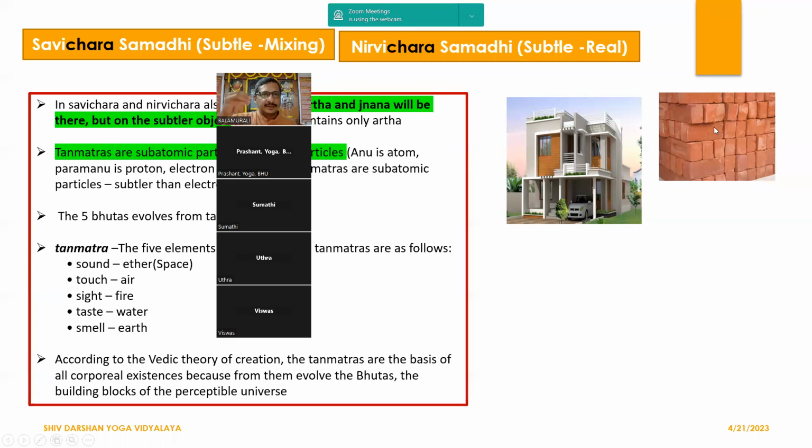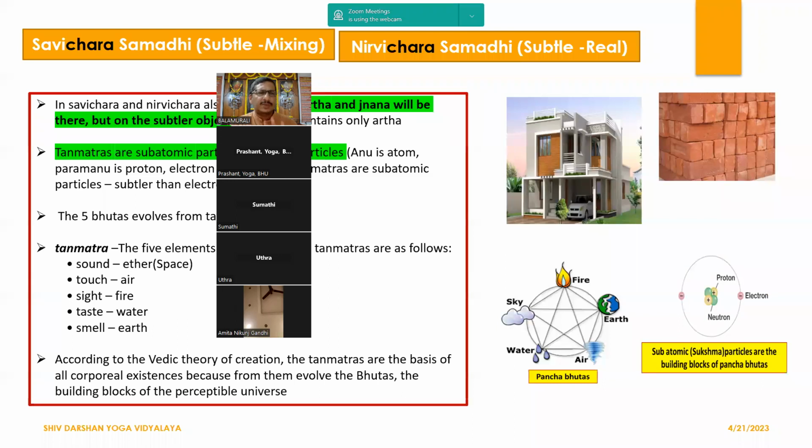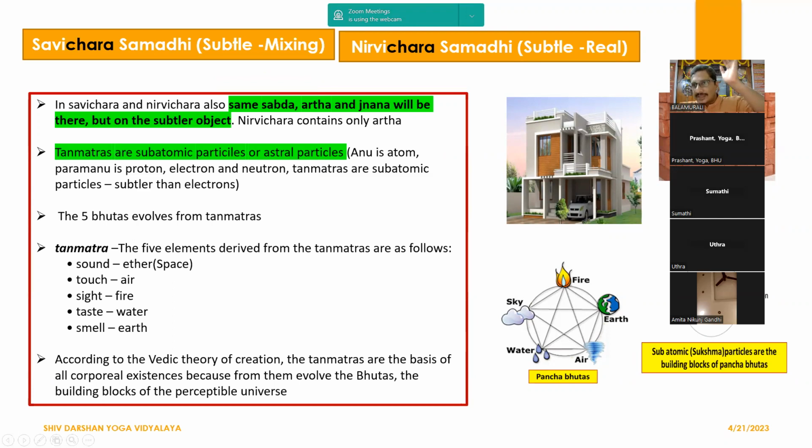They are the smallest particles of creation. Panchabhutas came from tanmatras. Let's assume they are smaller than an electron, so subatomic particles. You will get that subtler understanding in savichara and nirvichara samadhi. Savitarka and nirvitarka give gross understanding; savichara and nirvichara give subtler understanding.